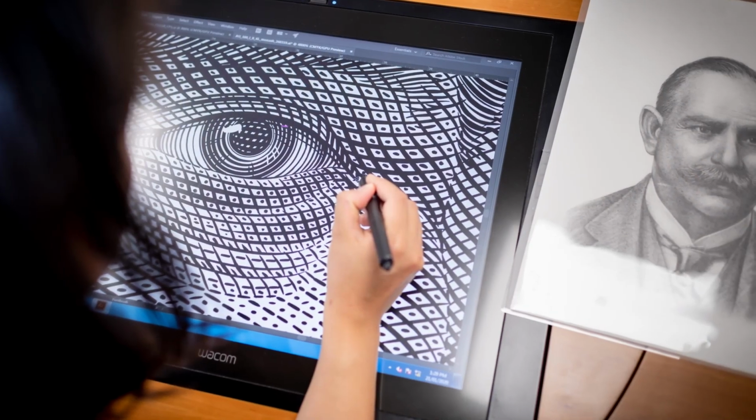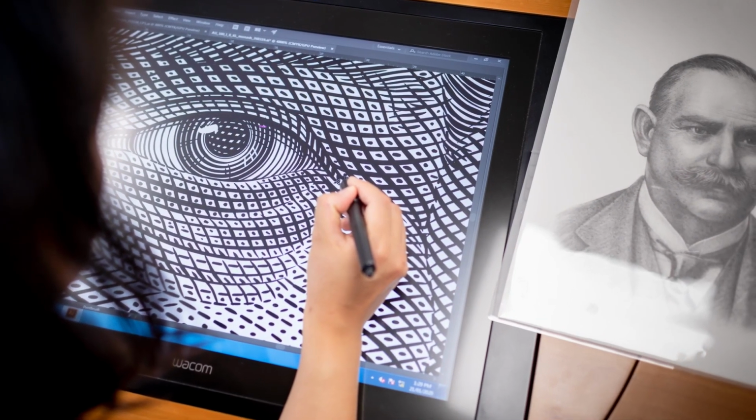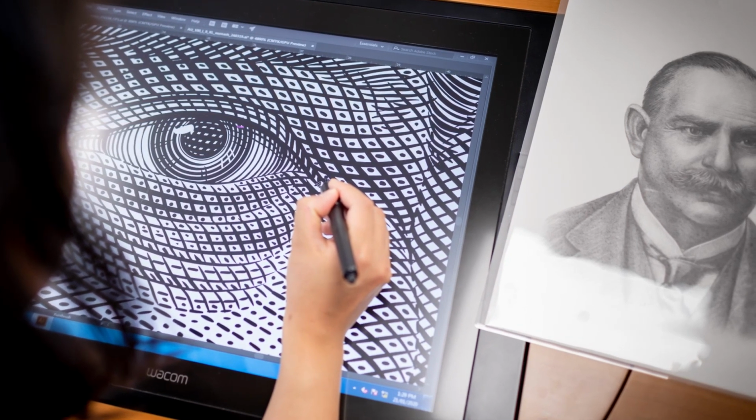I was always told that the eye is probably about 60-80% of the work, because they're the most engaging aspect of the portrait, and it's what we engage with as humans.